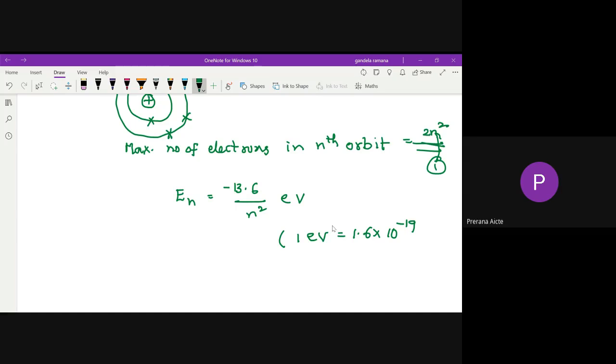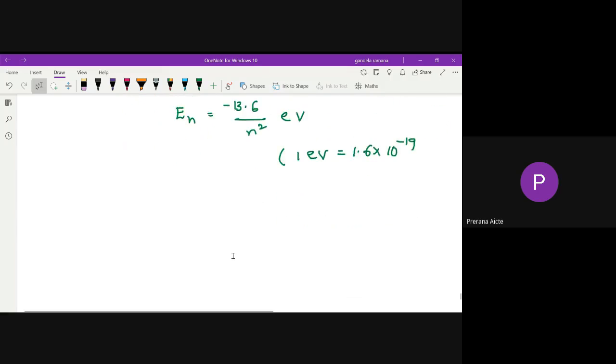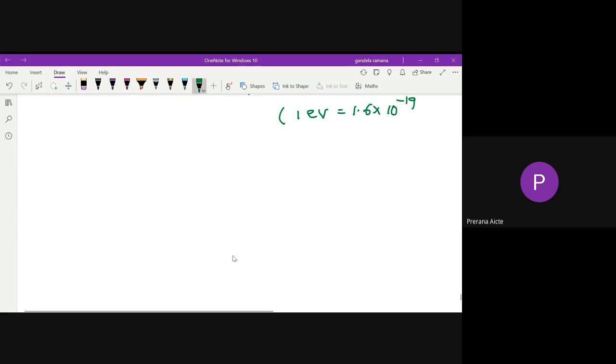The radius of an atom is given by 0.529 angstroms. 1 angstrom is equal to 10 power minus 8 centimeters or 10 power minus 10 meters.